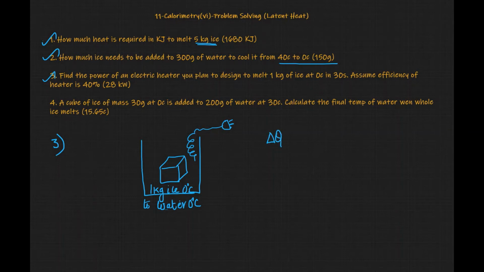So delta Q is M into L, which is M is 1000 grams into L is 80 calorie per gram. If you want to convert this into joules into 4.2, so that will be 400 joules. This is joules per calorie.